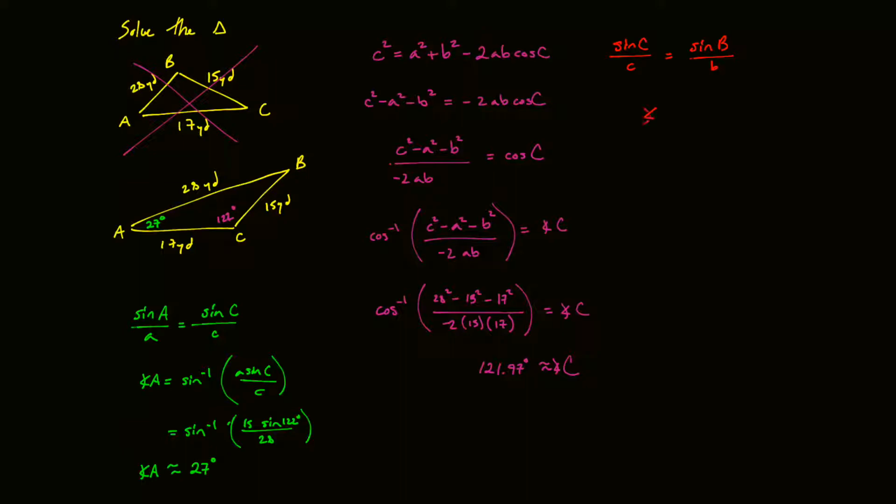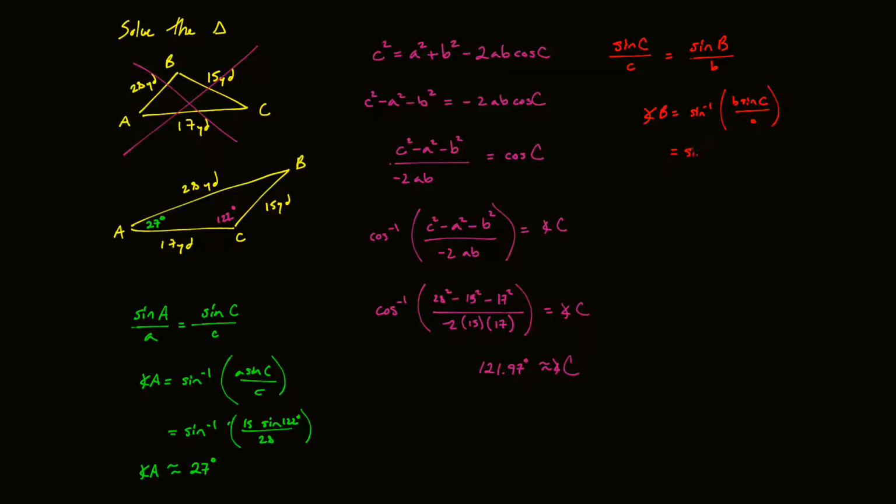And again, B is just going to be simply equal to arc sine of B sine of C divided by, oh, I should draw that in calculator. There we go. Over little c. And that is going to be your plugging in values here.